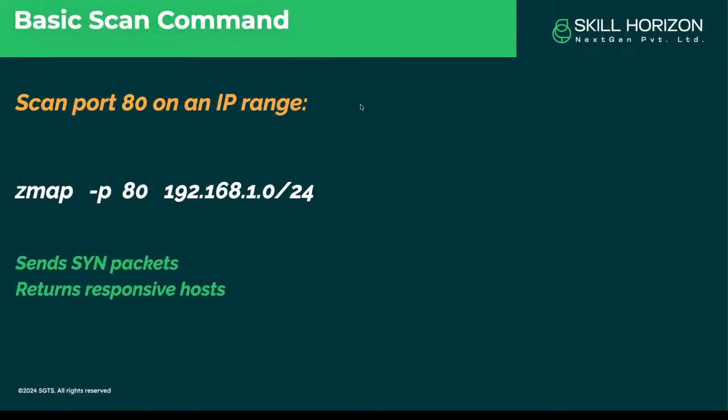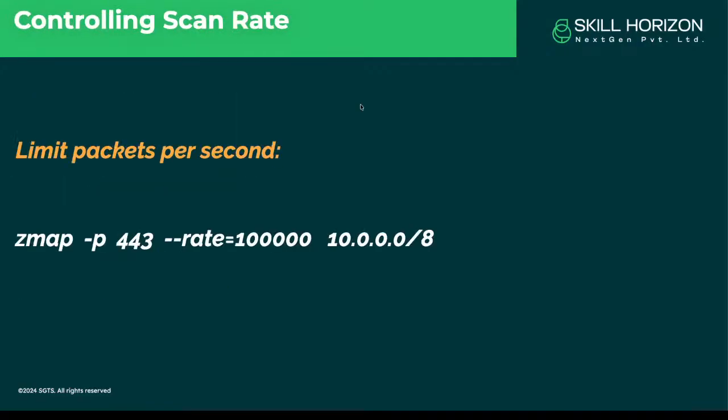So see, if you want to control the rate limitation, you have to add an option called --rate, and then you can provide the rate number. Right now I have given 1 lakh, but you can reduce it according to your need, and the same options like -p for port number and then your target. So it basically limits your packets per second.